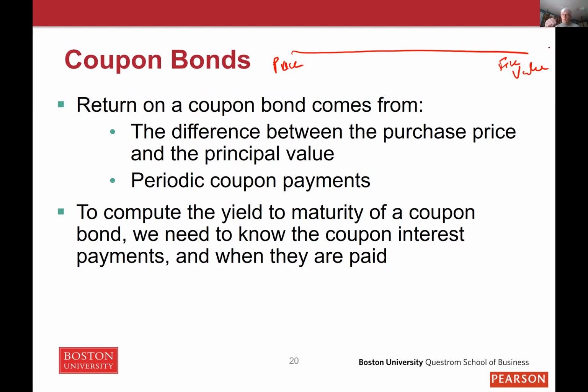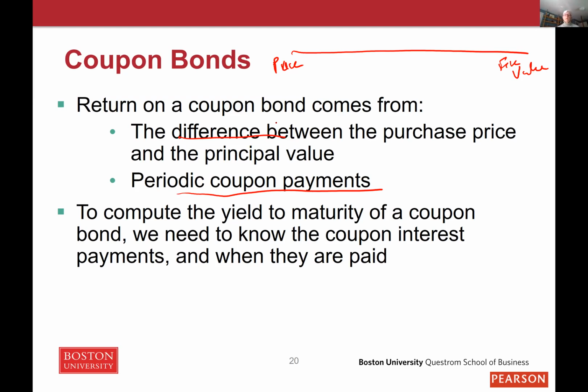So that return related to the difference between the price and the face value can be either a positive or a negative number. You also are getting these periodic cash payments. Those are set amounts that you're going to get, and those are going to add to this other number here. So you've got two different places that your return is coming from.